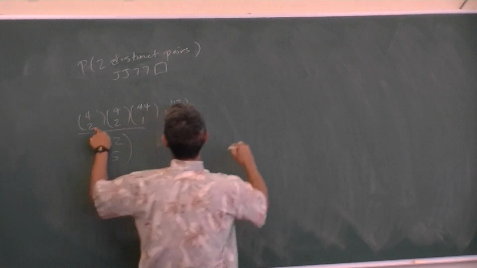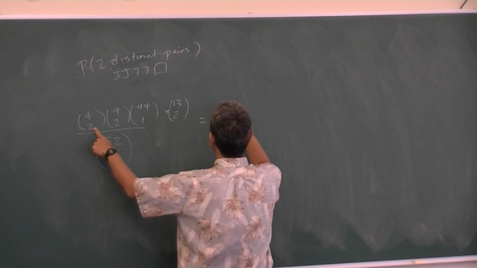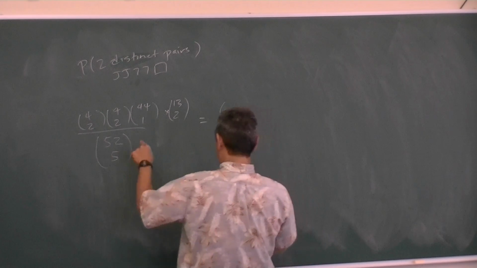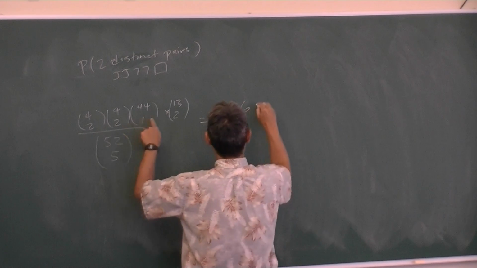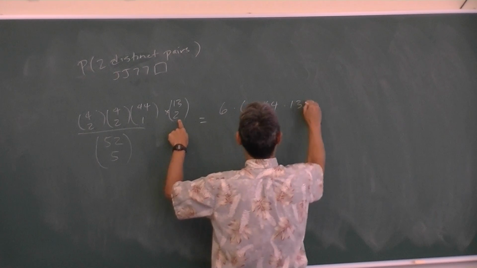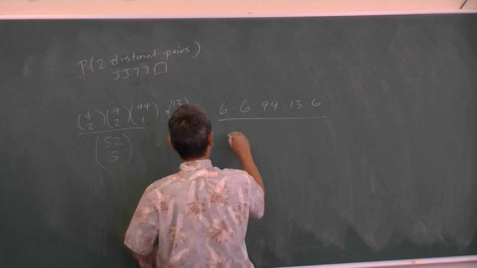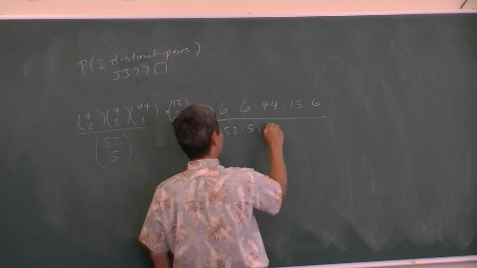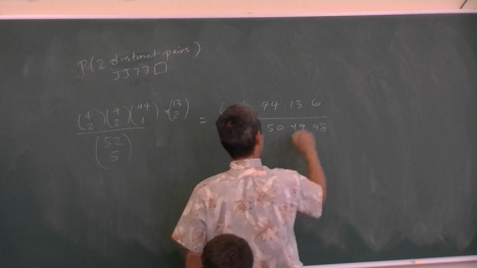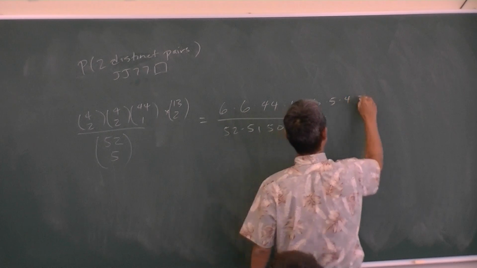Look, what is 4 choose 2? What's 44 choose 1? What is 13 choose 2? 13 times 6. Okay, all over 52 choose 2, which is 52 times 51 times 50 times 49 times 48, all over 5, 4, 3, 2, 1, but the 5, 4, 3, 2, 1 goes on the top, right?